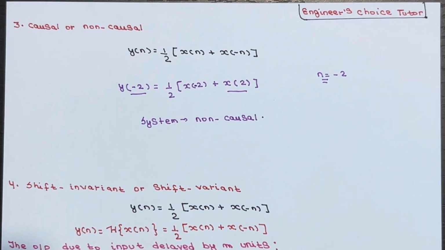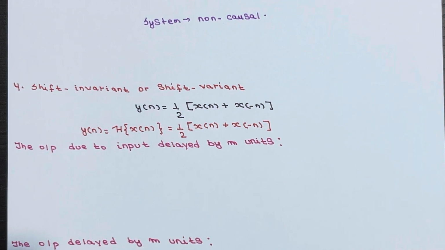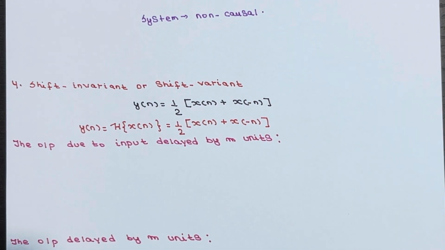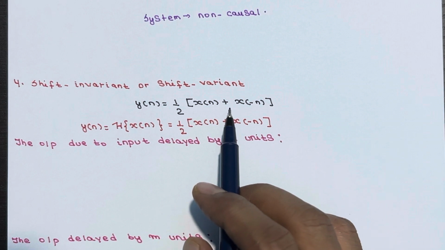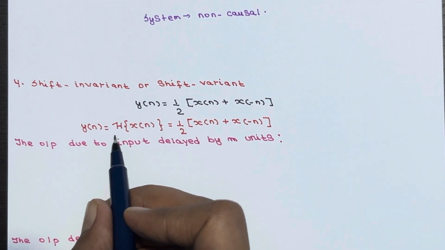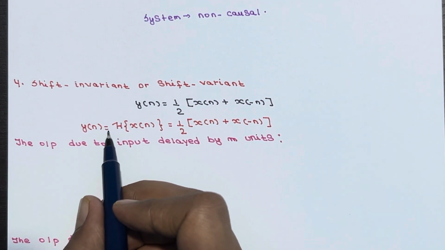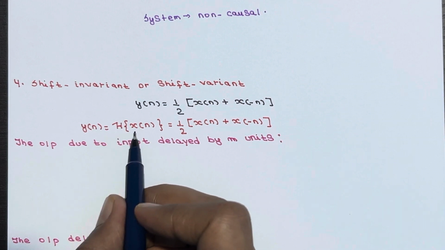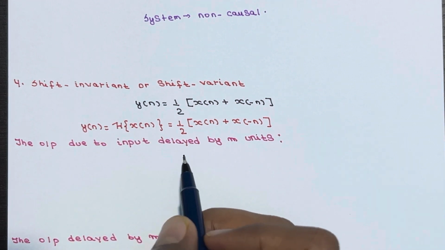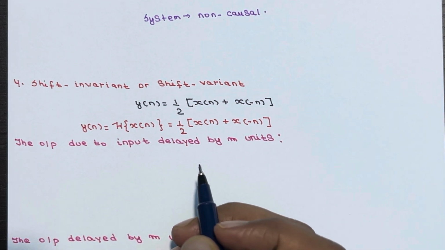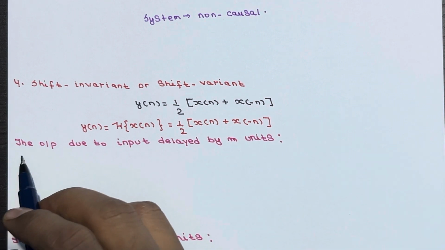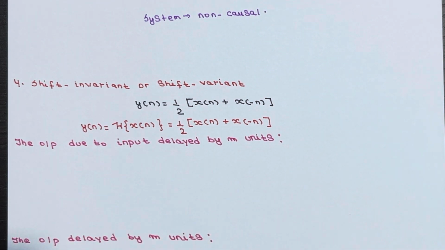Fine. Let's move further and check for shift invariant or time variant, meaning time invariant or shift invariant. Basically y of n is given as this. Now we have to calculate the output due to input delayed by m units.